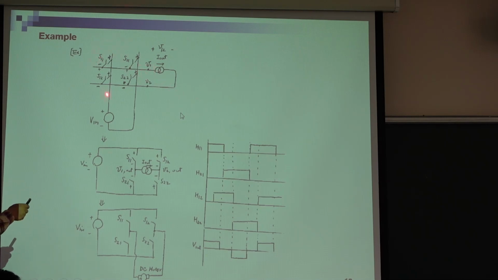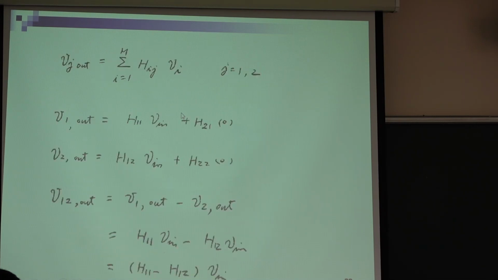V1 is H11 Vin plus H21 V0. How about V2? V2 is H12 Vin plus H22 V0. So we can easily calculate V1 and V2 according to the figure. So we have V1 equal to H11 Vin plus H21 0. V2 is H12 Vin plus H22 0.